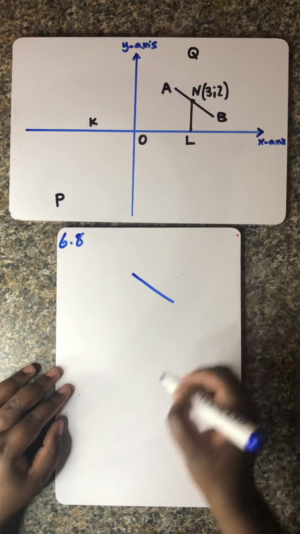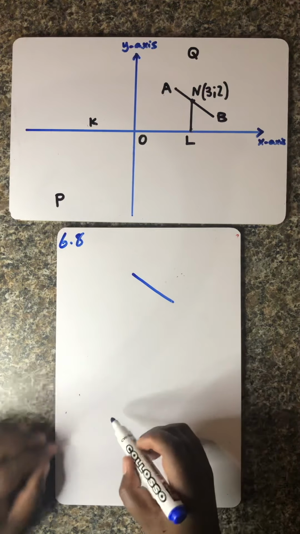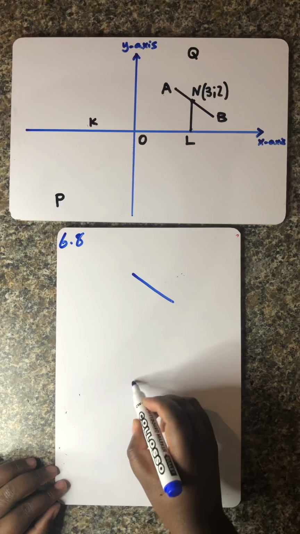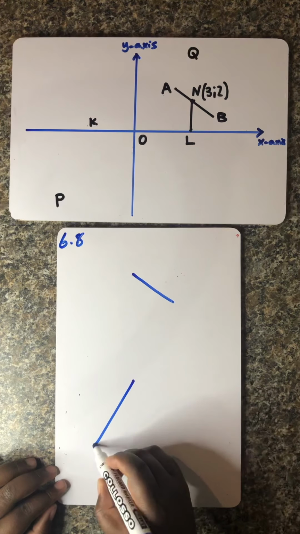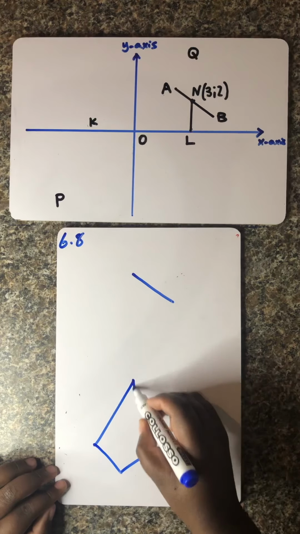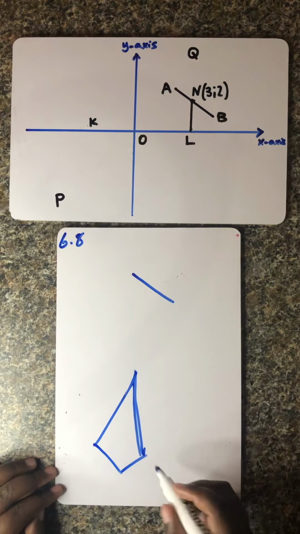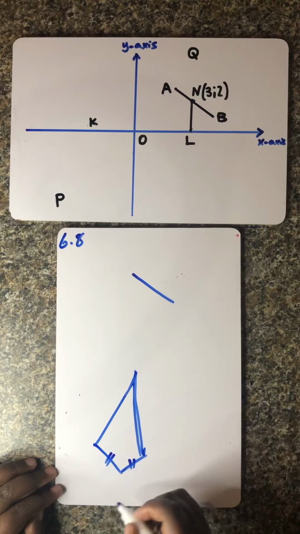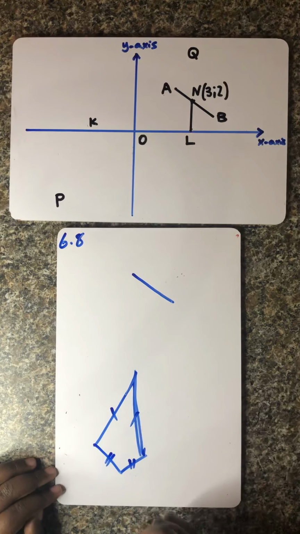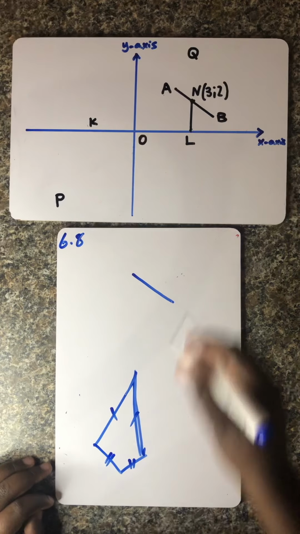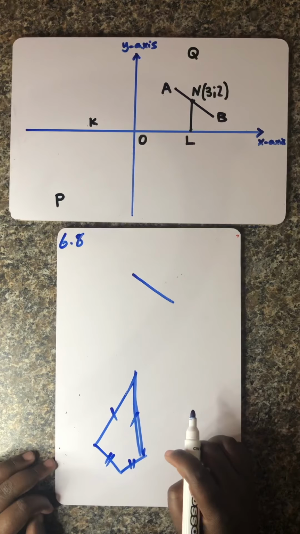And obviously, we know, listen, a kite is something like this, isn't it? So these sides must be equal and these sides must also be equal. Okay, so that's what I'm going to try and check over there.